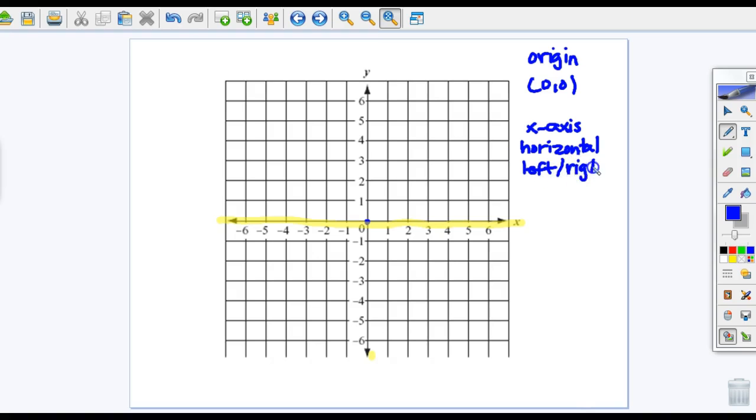And then our second axis we have is the y-axis, and the y-axis goes up and down. Oh, my line is really crazy right now. That's okay. Okay, so there's your y-axis.